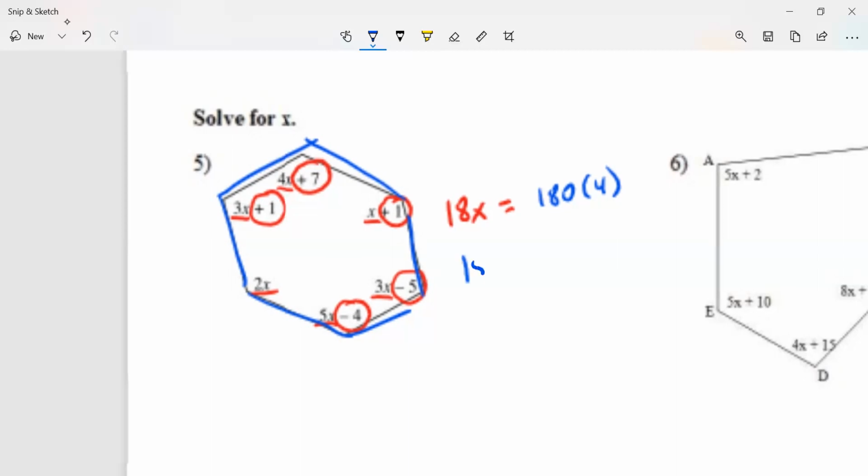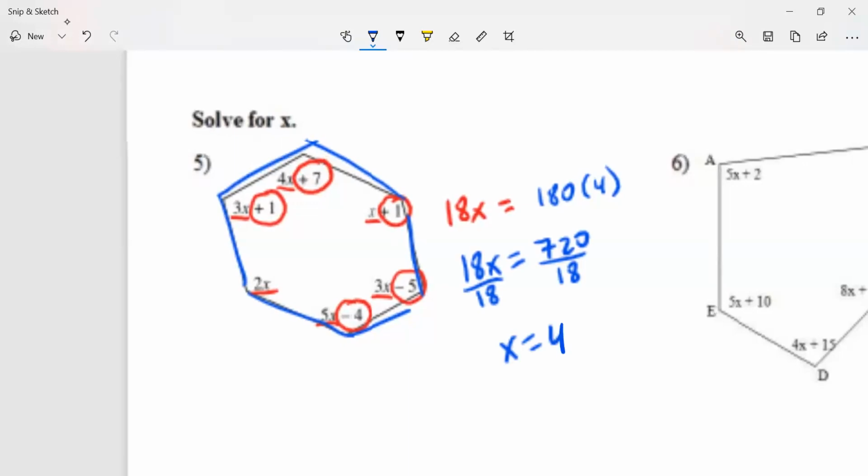So I have 18x is equal to 720. In order for me to get that x by itself, let me divide both sides by 18. So 720 divided by 18 is 40. Cool. x is equal to 40.